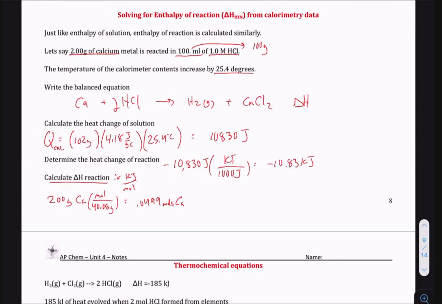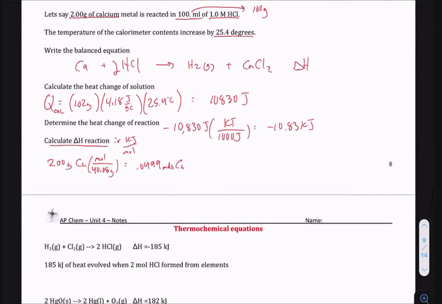Just to be sure, let's figure out which one is the limiting reactant. So back up here, 100 milliliters of 1 molar HCl, so 0.1 liter times 1 molar is 0.1 moles of HCl.